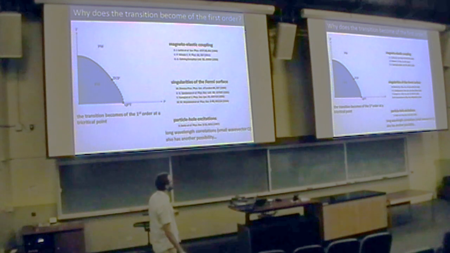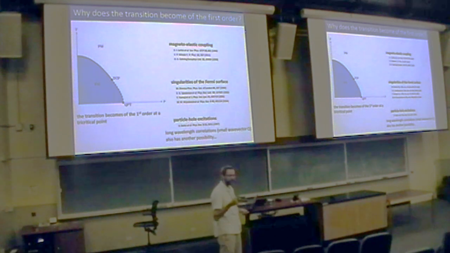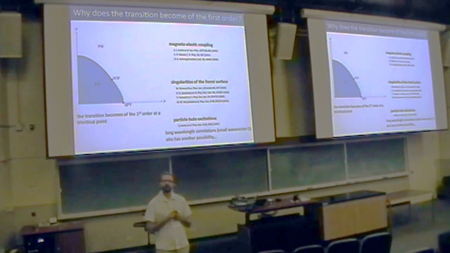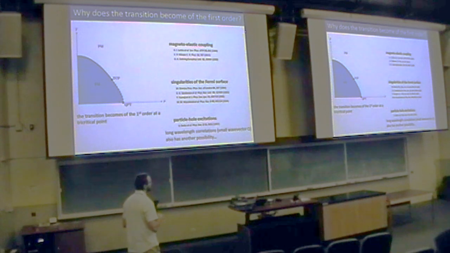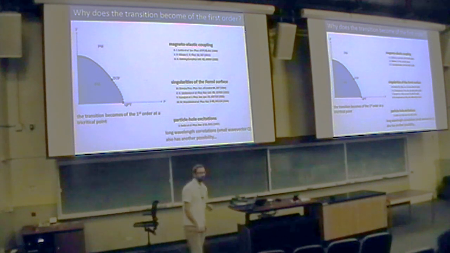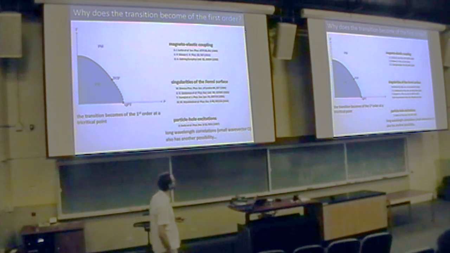Another possibility is that you have a particular peak in the density of states near the Fermi energy, or you have a change of topology of your Fermi surface, and that is also possibly responsible in some cases for a first order ferromagnetic transition.